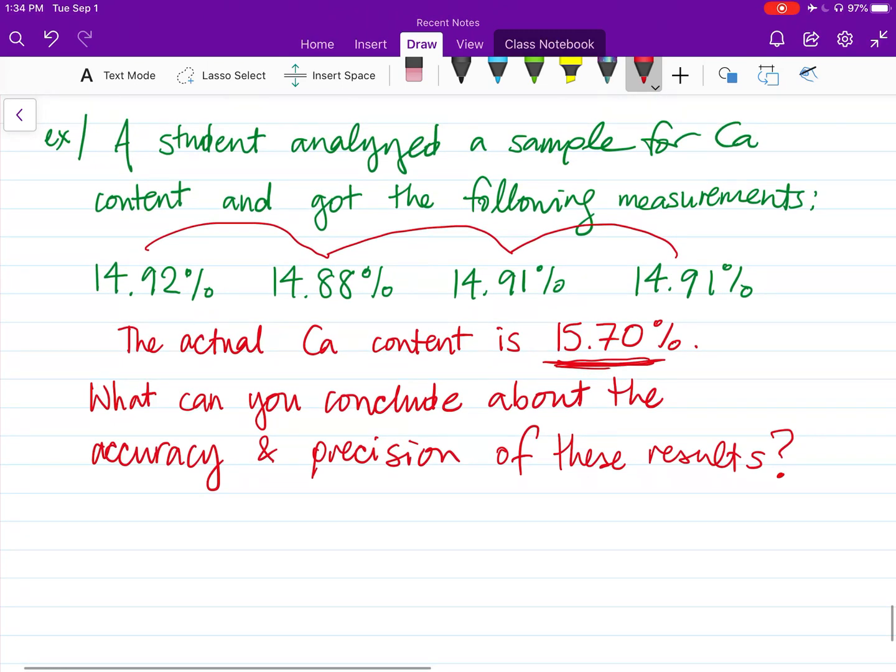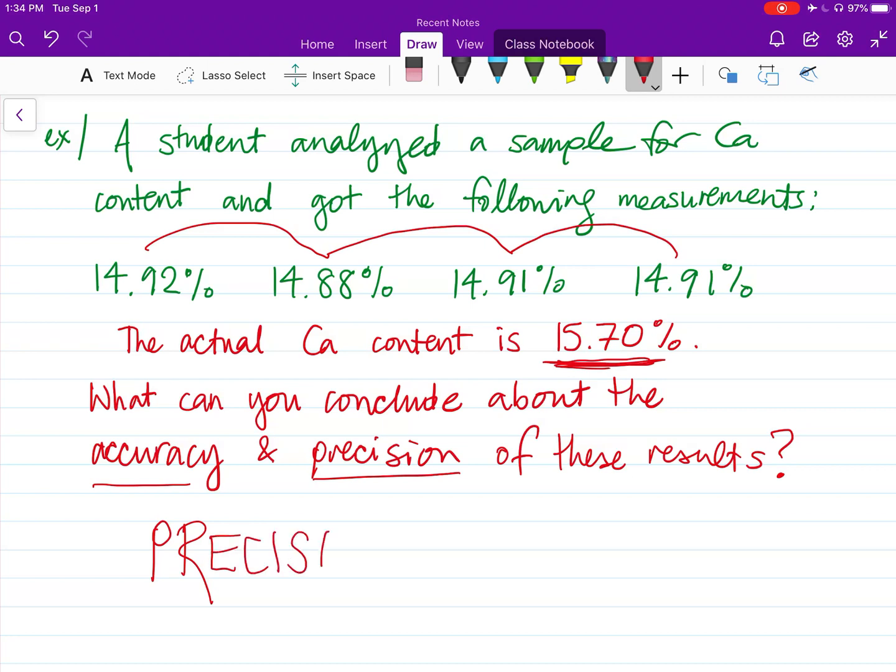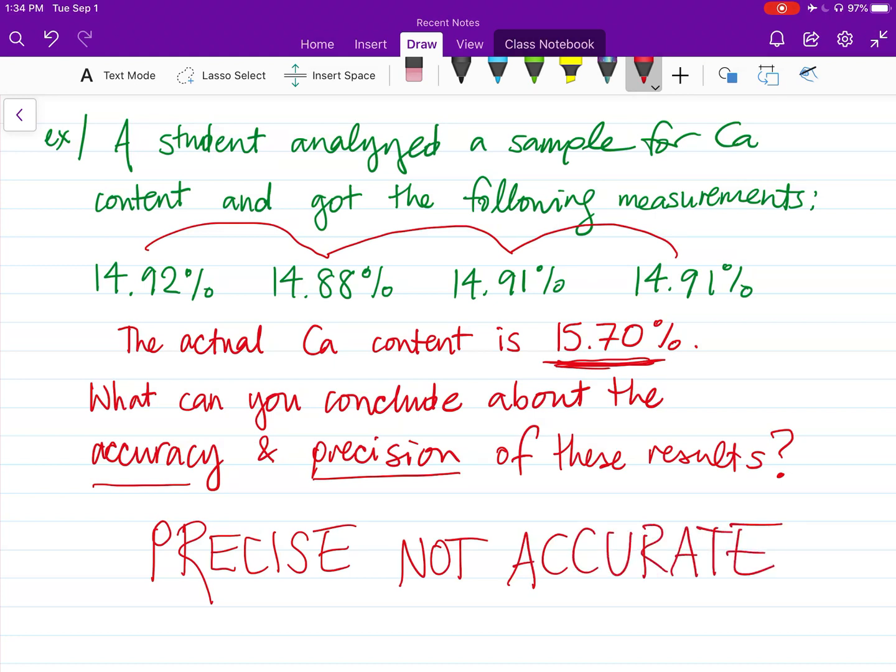So if you remember the definitions of accuracy and precision, precision is when you have a range of values that agree well with each other, and accuracy is how close you are to the truth. So in this case, we would conclude that the student's results are precise, but not accurate, because they are far from the truth. So they agree well with each other, but they're far from the truth.